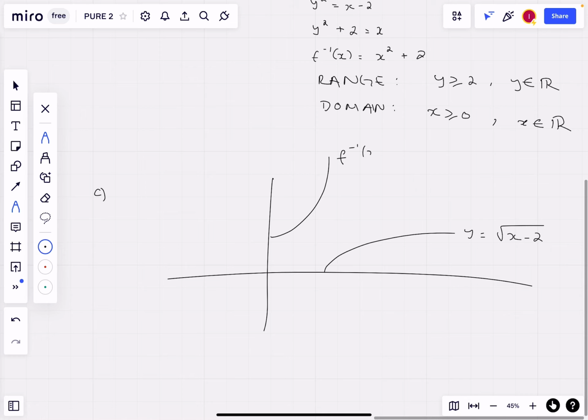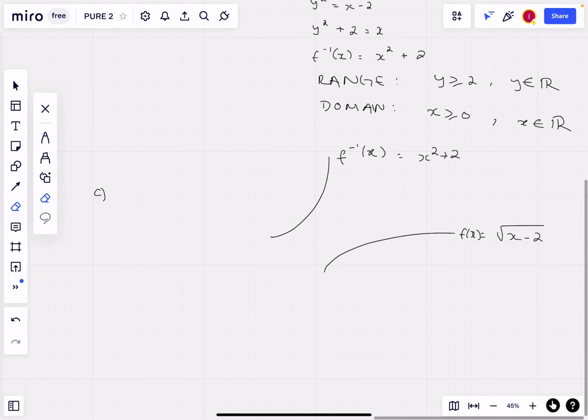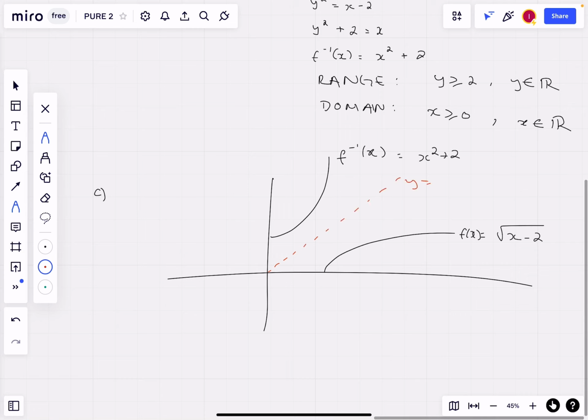So f^-1(x) is x squared plus 2, and this is equal to f(x). y equals x is something like that. So f^-1 is a reflection of f(x) in the line y equals x. Although it's hard to see from this sketch, if you have a look at, let's say, Google or any textbook, it's going to be a bit clearer. But there you go. That is how you do inverse functions.